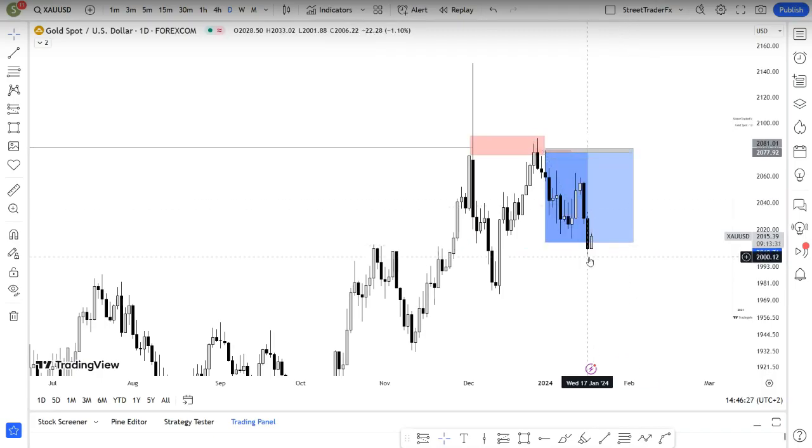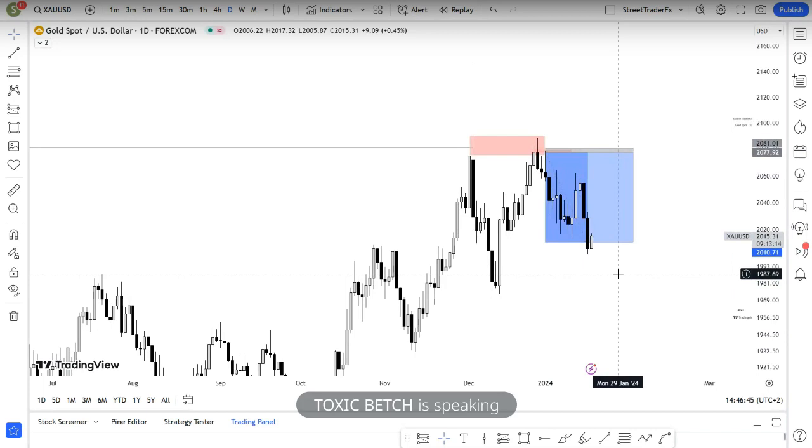But remember, the buy is only going to be short term. I'm looking for a bit of continuation lower. So do you guys have any questions? No, I don't think I have.